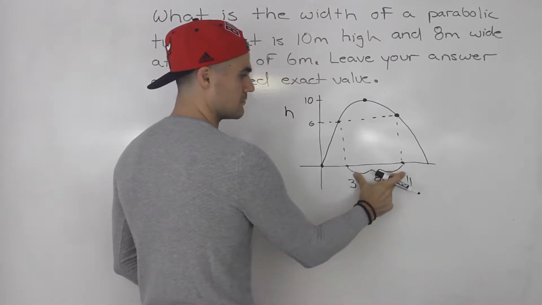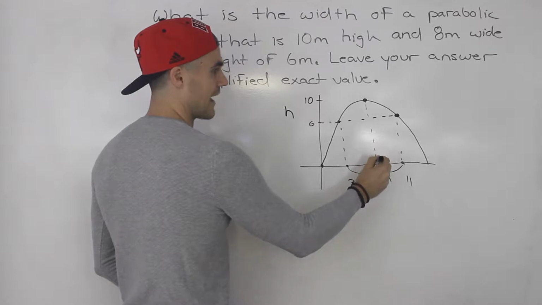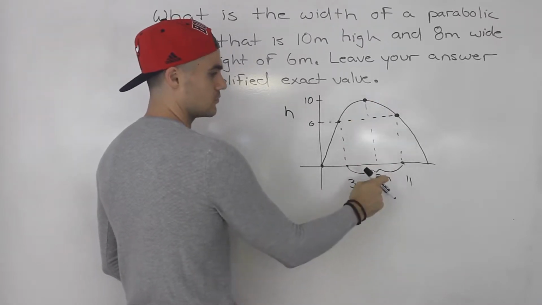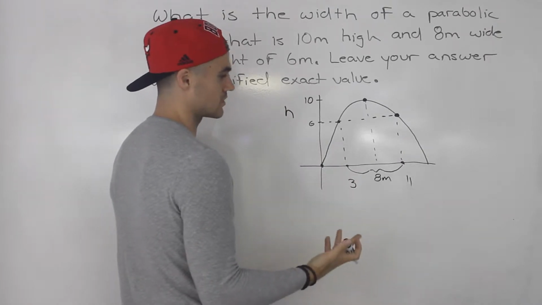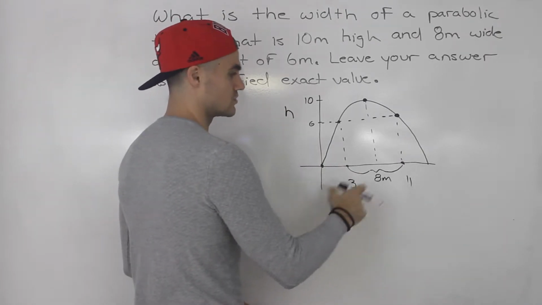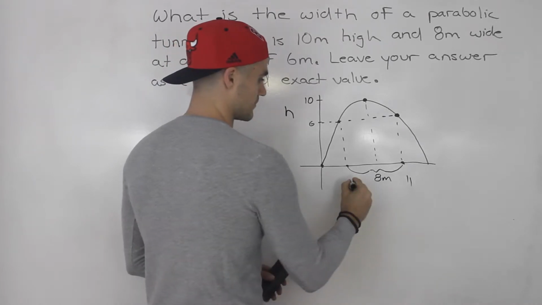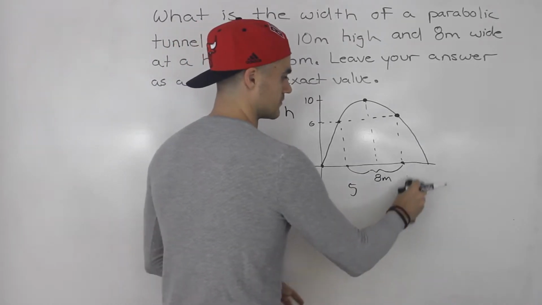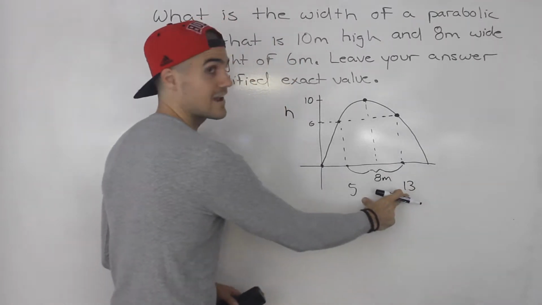The difference between them being 8, which would change where the x value of this point is. It would be the midpoint between 3 and 11. So 11 plus 3 is 14 divided by 2, 7. But this point can also be maybe at like, I don't know, 5 and 13. Right? Still a difference of 8.